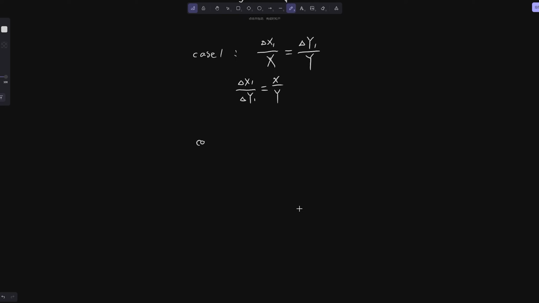In case 2, $X2 divided by X is greater than $Y2 divided by Y. We can transform the equation to this one.